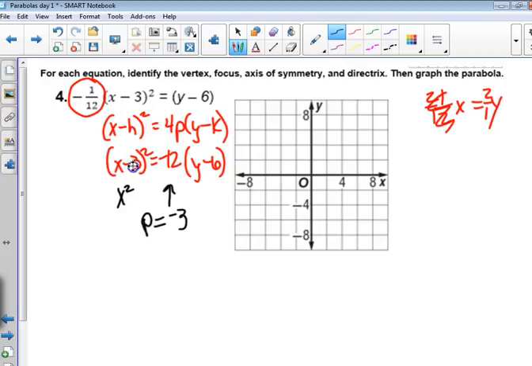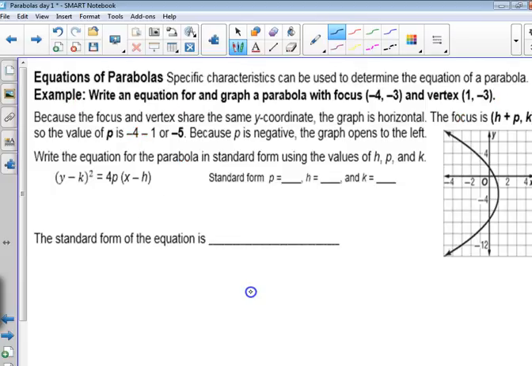The vertex would be at 3, 6, and 3 units inside of here, and 3 units back this way. There's a rough sketch. Is that good enough? Can we be okay and not do all the pieces for this one? Are you feeling pretty comfortable about using the recipes? All right, I hope so, because now we're going to go backwards. Okay.